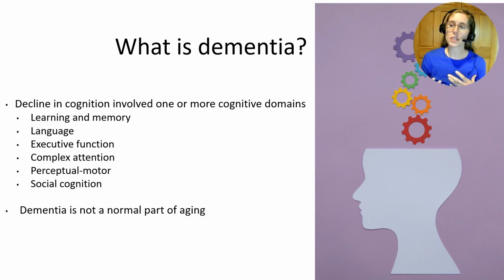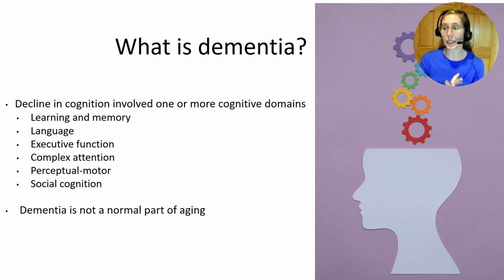Memory is the most common aspect of cognition to be impacted when we're thinking of dementia, but I just want to highlight there are a lot of other potential cognitive abilities that can be impacted in dementia or mild cognitive impairment for that matter.